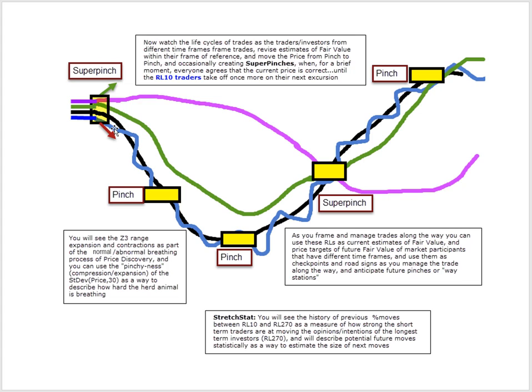When things are moving in an orderly fashion, you will see that as normal breathing, and these sprints, these rapid moves to new price levels where they consolidate, as a return to normal breathing. You will see this overall expansion and contraction as the natural price rhythm of breathing of that target. How volatile it is is connected to the nature of that target and the integrated behavior of all the participants who are targeting that symbol.